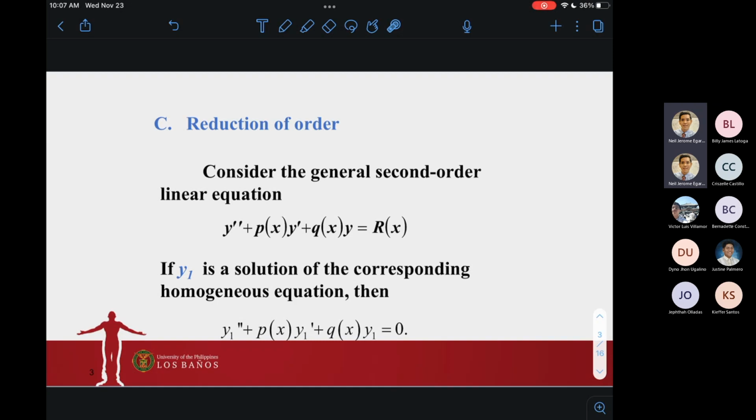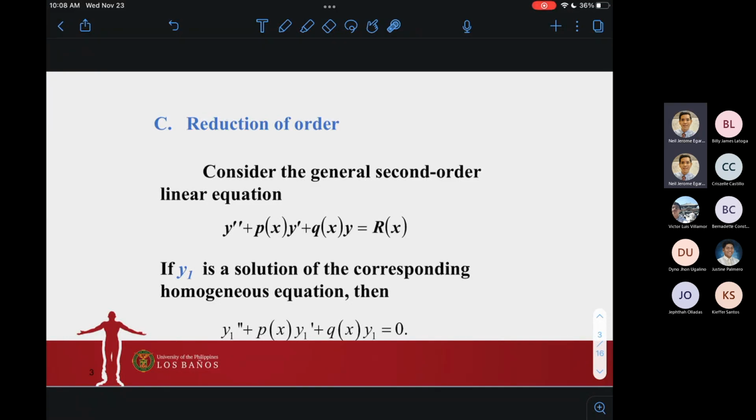So mula sa second order, ibababa natin siya sa first order para magamit natin yung integrating factor method. Right? Para makahanap ng isang particular solution. We'll just need to find one particular solution to this GLDE. Tapos kung ano yung particular solution na yon, i-add ko lang siya sa solution ng homogeneous equation. And that would be our general solution for the non-homogeneous GLDE.